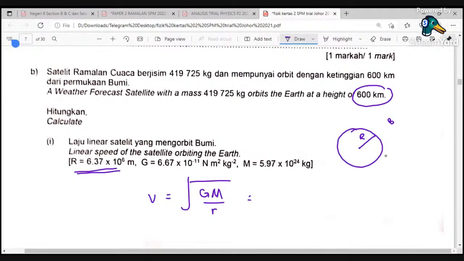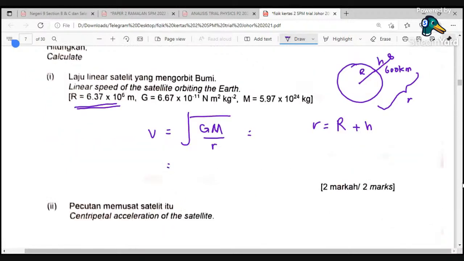Okay, this is radius of the Earth, and this is the satellite. And then the radius of orbit is this one. So what you do, you need to plus the Earth plus height h. Okay, so you will get the answer. Okay, substitute all the values correctly.